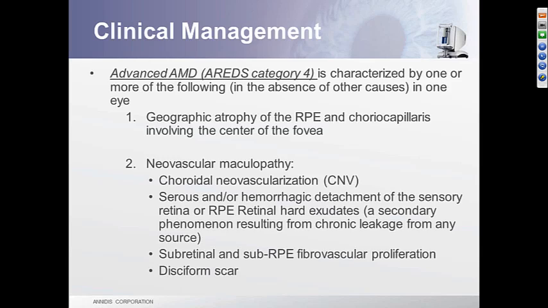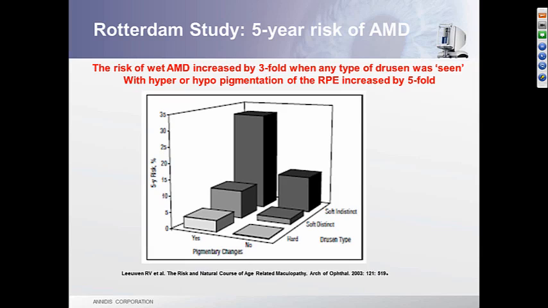And then advanced AMD, AREDS category 4: geographic atrophy of the RPE and choriocapillaris involving the center of the fovea, or neovascular maculopathy of any of the types listed here. Neovascular membrane, serous or hemorrhagic detachment of the RPE, retinal hard exudates, and all of the sequelae of that process, and of course disciform scar.